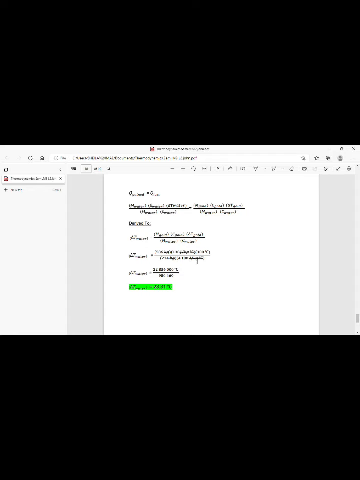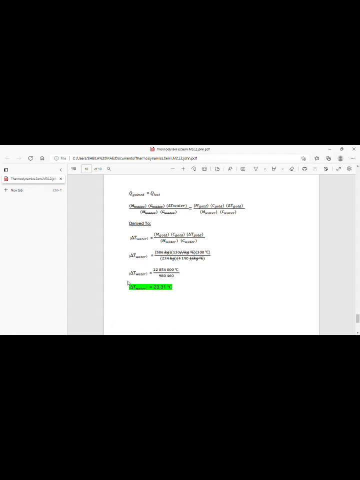And then we are going to cancel out the unit, so that only degree Celsius will remain. The answer in the upper part is 22,854,000 degrees Celsius over 980,460. We are going to divide it. The answer is 23.31 degrees Celsius, which is our change in temperature of the water.